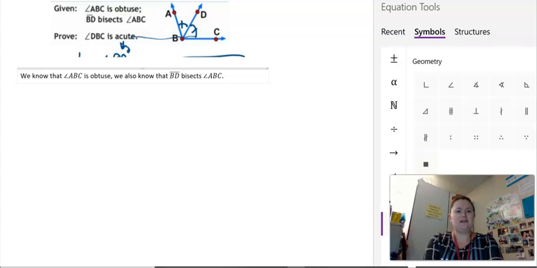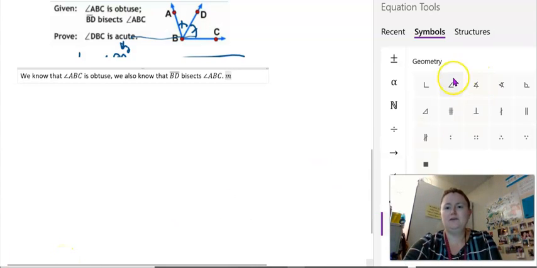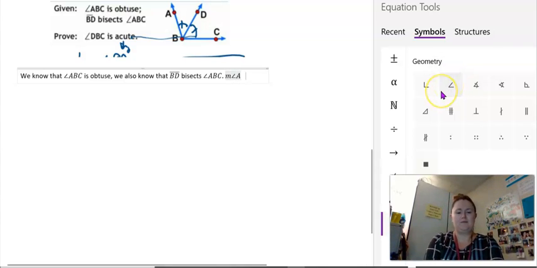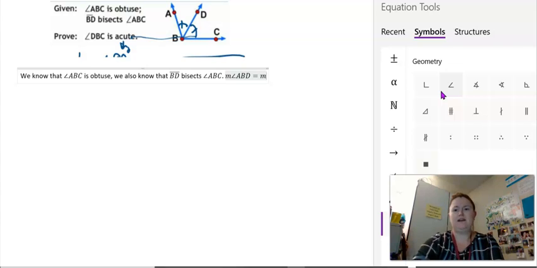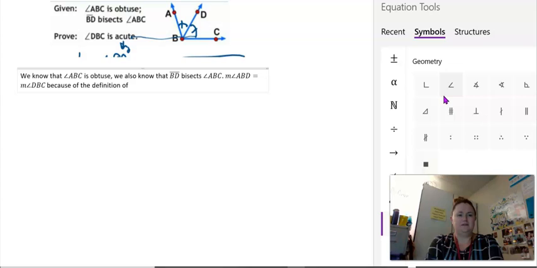So we can say that the measure of angle ABD is going to have to equal the measure of angle DBC, because of the definition of angle bisector. Okay, so that flows from our given that BD is a bisector of ABC.